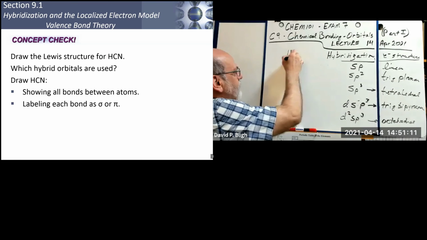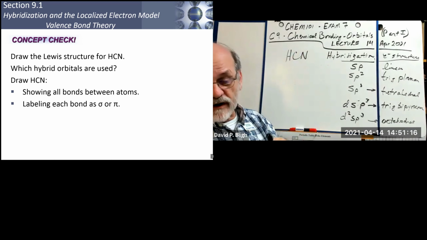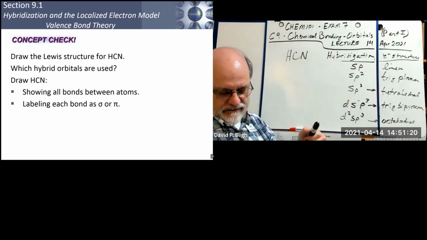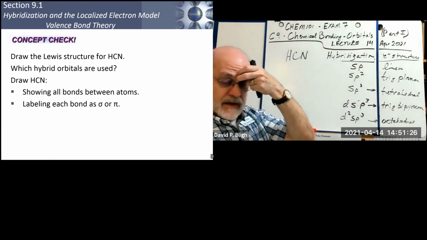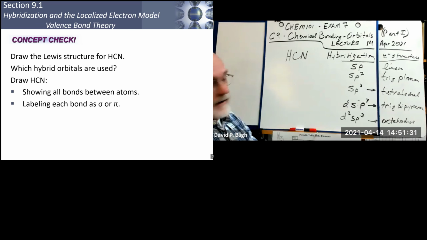HCN. It doesn't say that's an aqueous solution, so what would we call it? Hydrogen cyanide. If it were an aqueous solution, it'd be hydrocyanic acid. So which hybrid orbitals are used here? Well, we have to see.